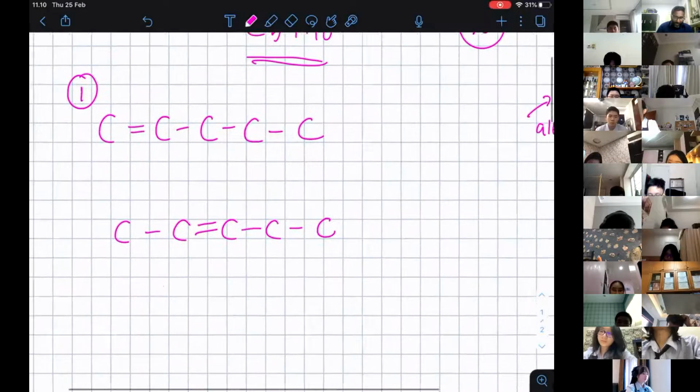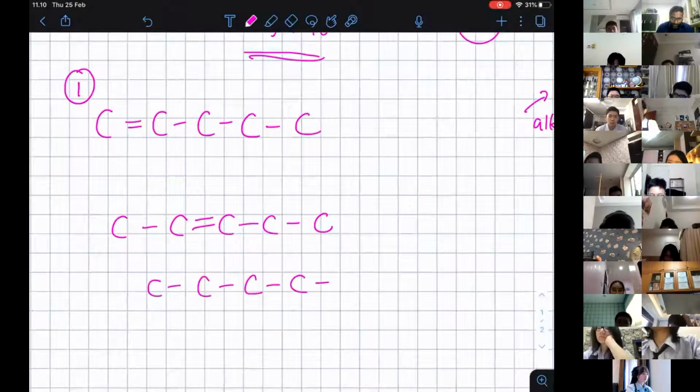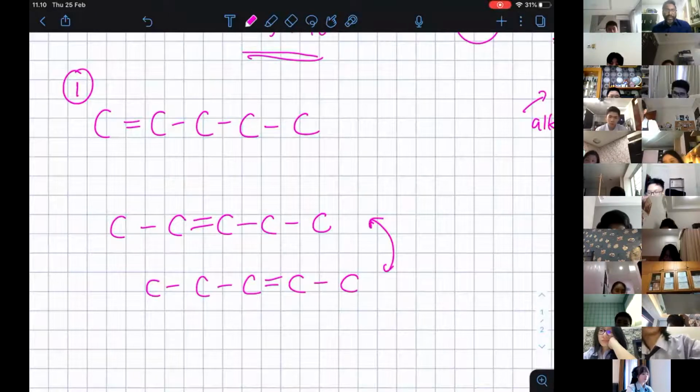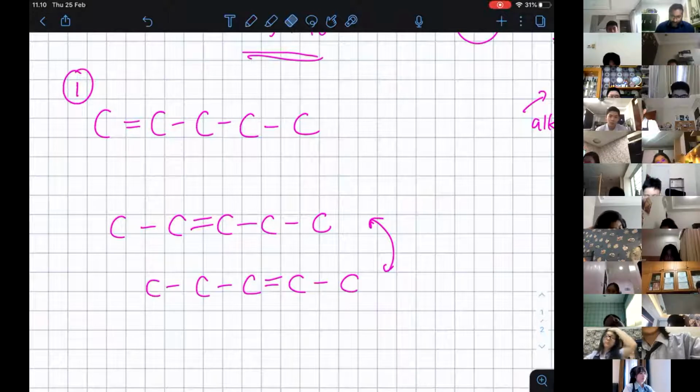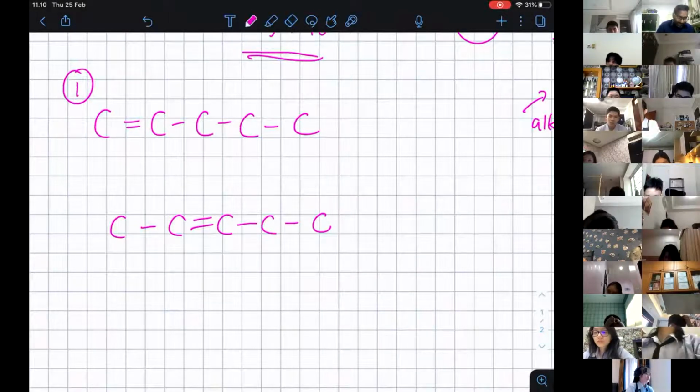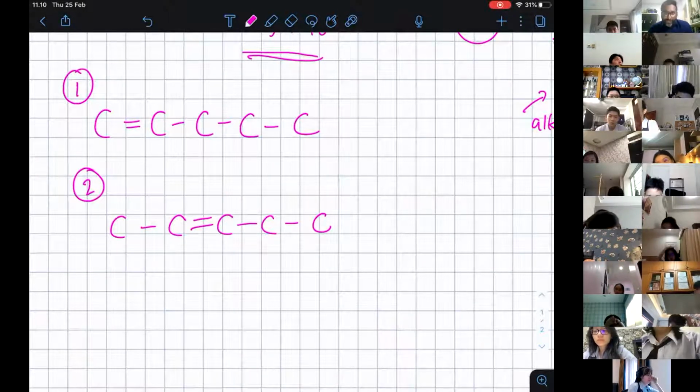If you move the double bond to here, it's still going to be the same. Both of them are the same. This is going to be position number 2 for the double bond. So I am going to erase it. That's another isomer that you can get if you just follow positional isomer.